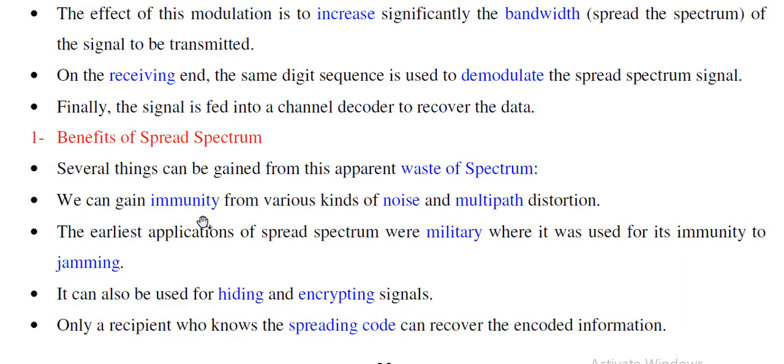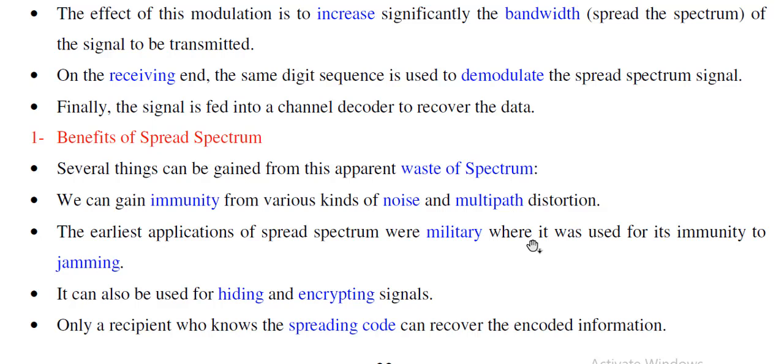So, what are the benefits of the spread spectrum? Why are we studying this spread spectrum? Of course, we have a waste of bandwidth. Instead of using only one channel, we are using maybe 10 channels or 8 channels, 100 channels, and this is an apparent waste of bandwidth or waste of spectrum.